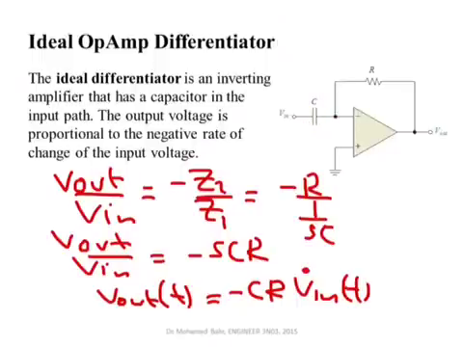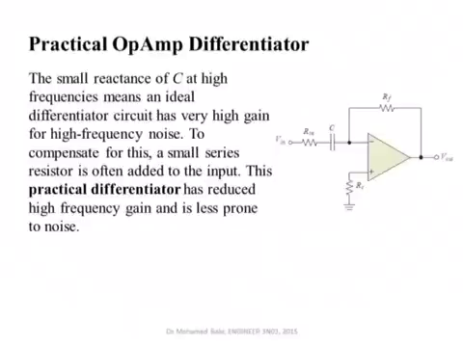So in order to overcome that, they put a resistor here, and this resistor is usually selected to be small, and this hopefully eliminates this problem. It creates some minimal input resistance to be seen by this noise and the undesirable signal. So this here is a practical op-amp differentiator.